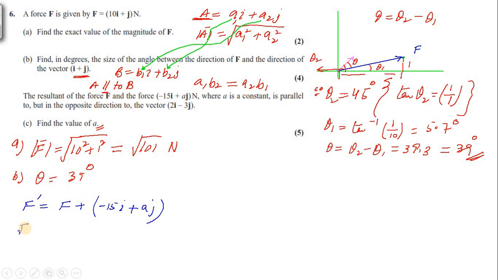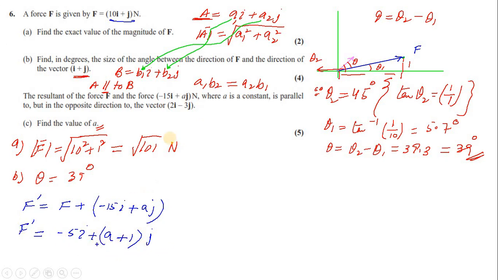So F dash finally will be minus 5I plus A plus 1 J, because vector F is 10I plus J. So 10 minus 15 is minus 5I, and 1 plus A. So this is the resultant of the two vectors.